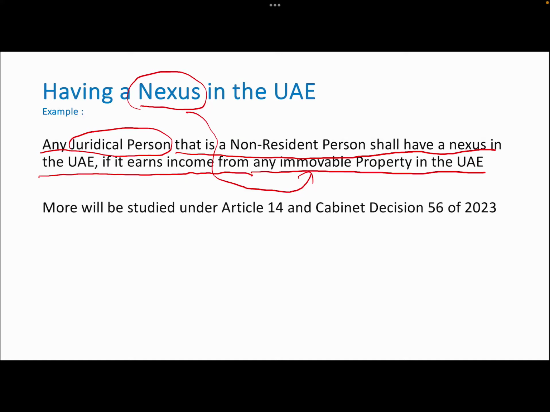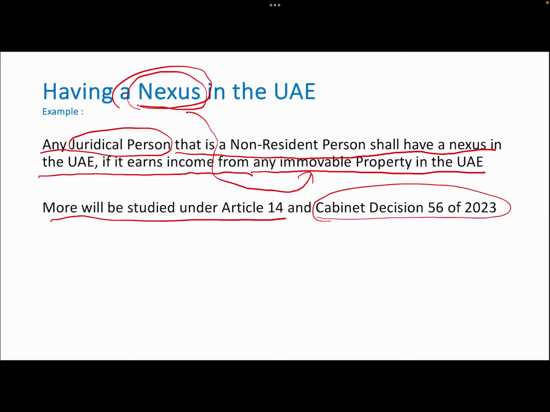If I've got a company registered in India, but my company owns some immovable property in the UAE, and I'm doing business out of that immovable property, say I'm earning rent, or I have let it out to some other office for commercial purposes, whatever income I earn out of that immovable property is called nexus. Now we will study more under Article 14. And also you can refer to Cabinet Decision 56 of 2023, which I've already covered in my slides.